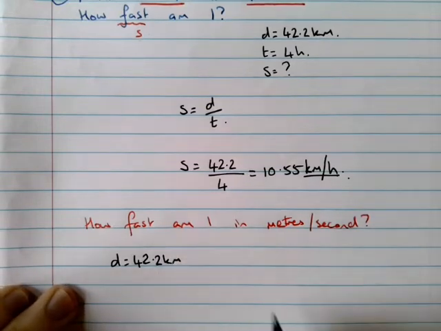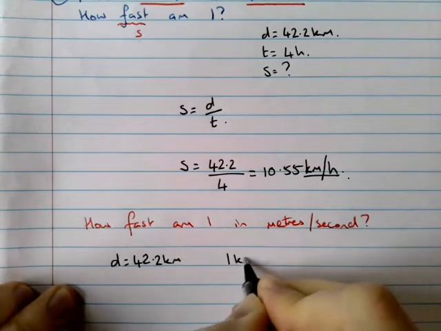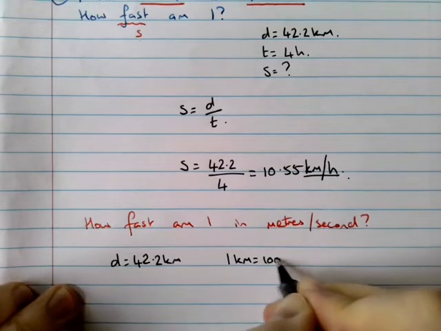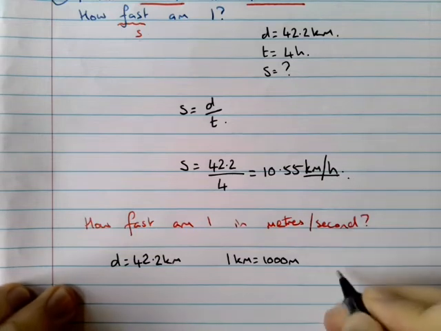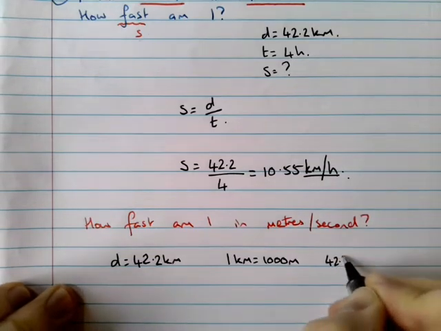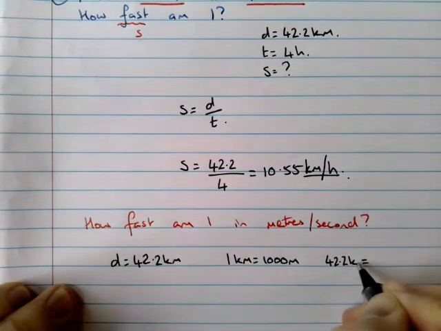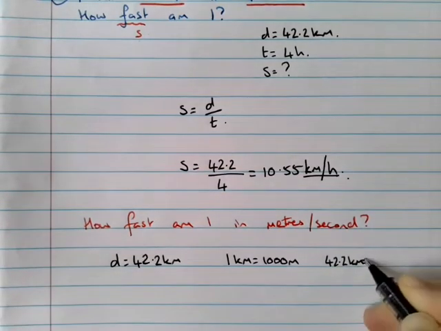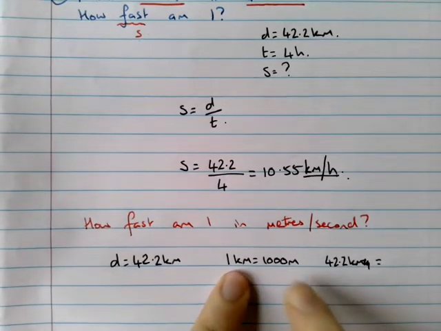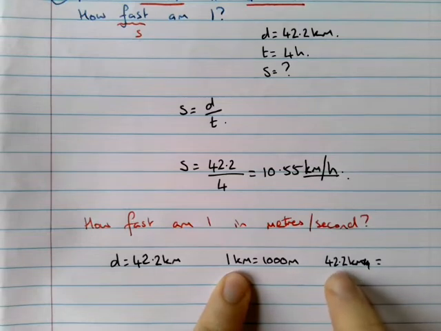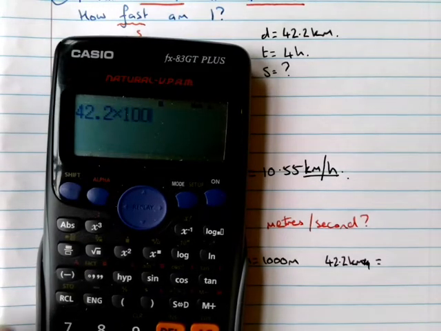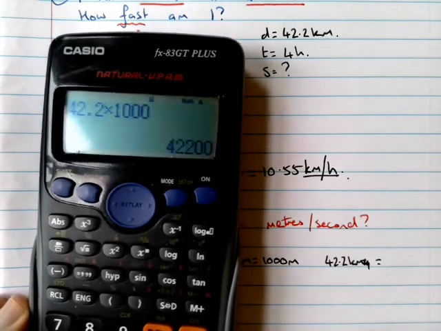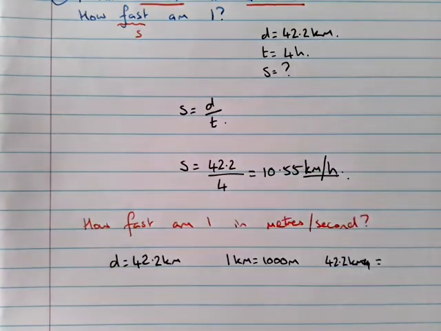Well, I know that 1 kilometer equals 1,000 meters, so 42.2 times 1,000, which is 42,200 meters.